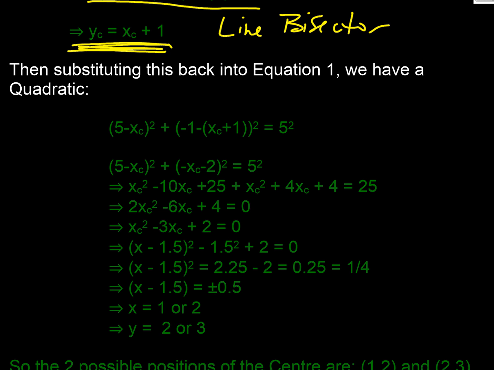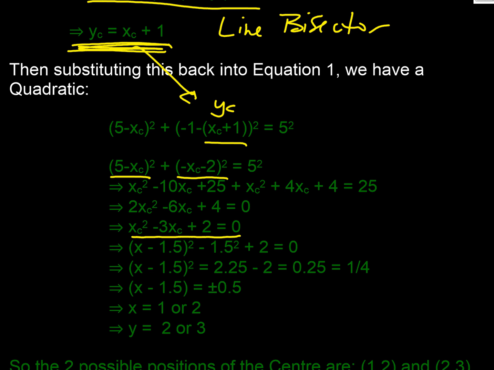So where I had my yc, I've replaced it in equation 1 with xc plus 1. Now if I expand out these brackets, I've got two nice completed squares there. If I expand the brackets out and simplify everything, bringing all the terms together, I end up with this simplified quadratic equation.